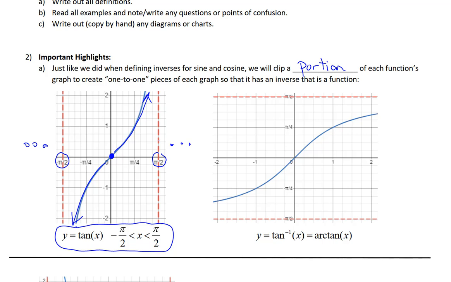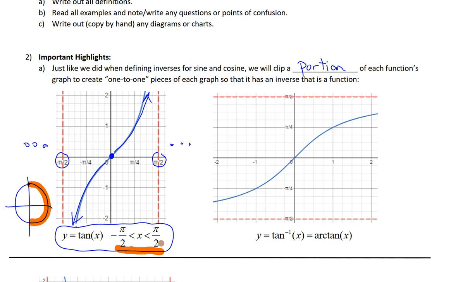When doing so, it might be helpful to visualize this portion on the unit circle. Some people find it easier to memorize visually, and that's totally fine. If you redraw or reimagine a unit circle, which we're familiar with by now, then the portion from negative pi over 2 to positive pi over 2 would really mean the right half of the unit circle.